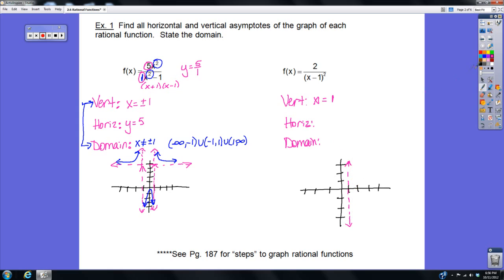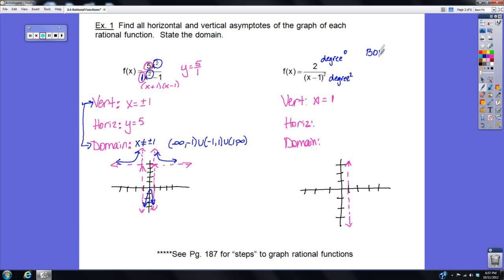Okay, horizontal asymptotes. Let's take a look at the degrees. There's no x up here, so my degree in the numerator is 0. My degree down here is 2. Is it bigger on the top or bigger on the bottom?